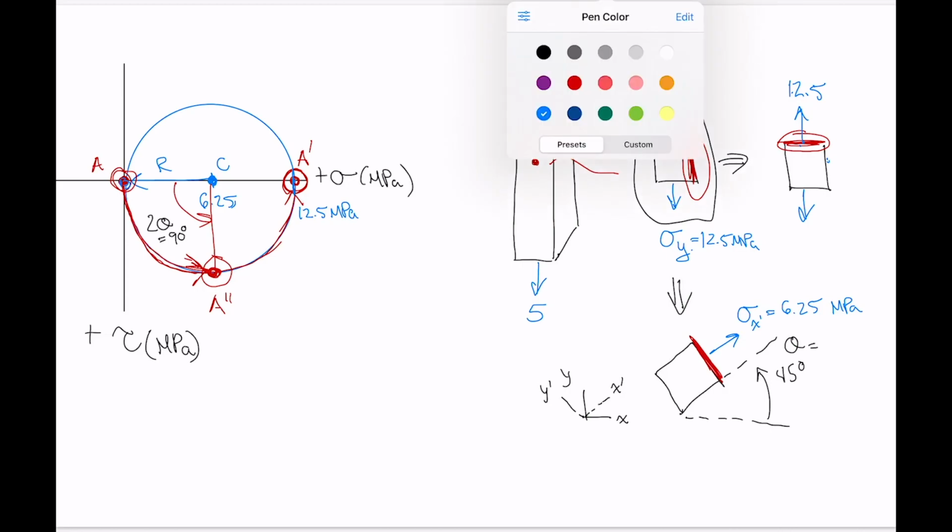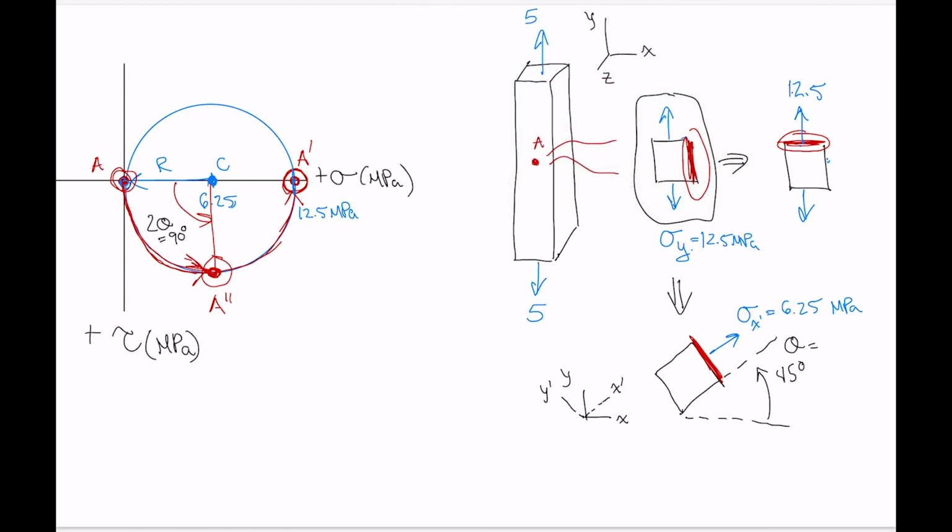And then the shear stress on that side is given by the y coordinate of that point right here. That y coordinate is going to be equal in magnitude to the value of the radius, which is 6.25. Remember that that is a positive shear stress, so that means it acts upward on the right-hand side, meaning what the original right-hand side was.